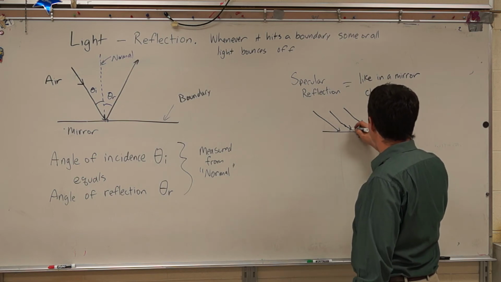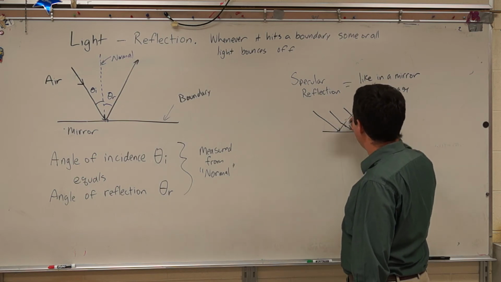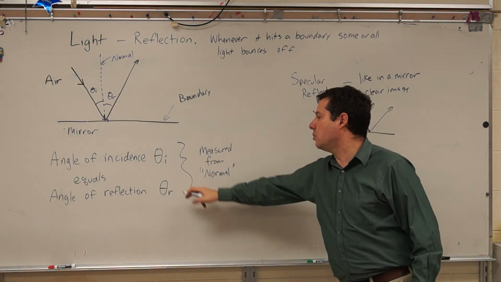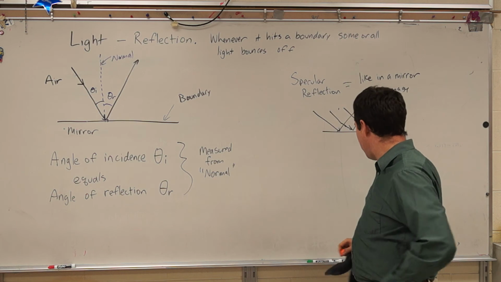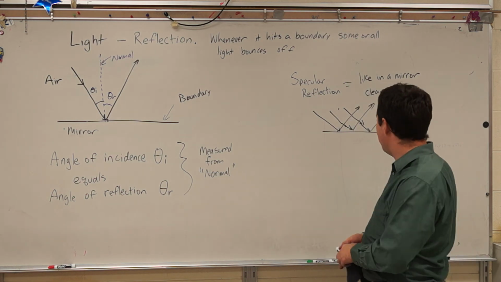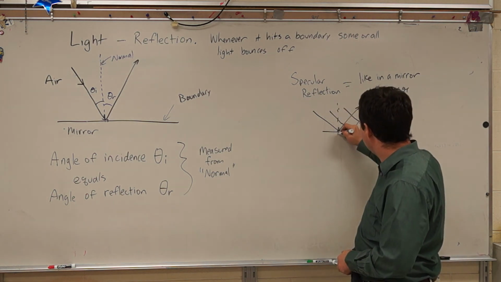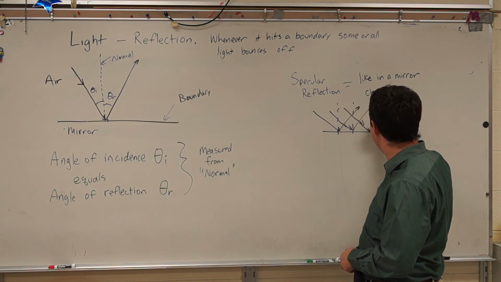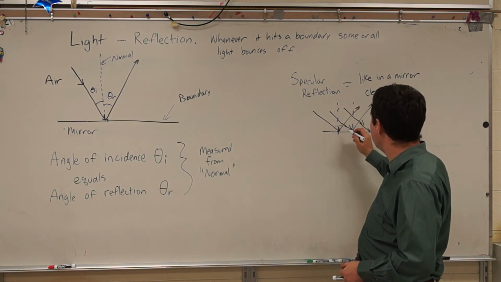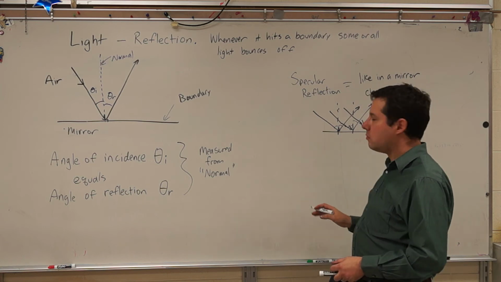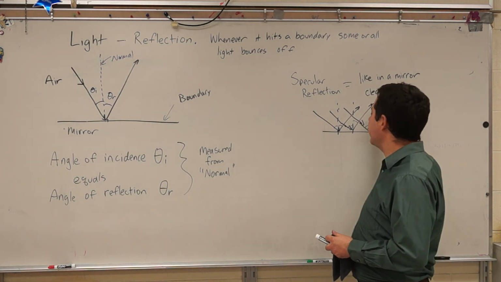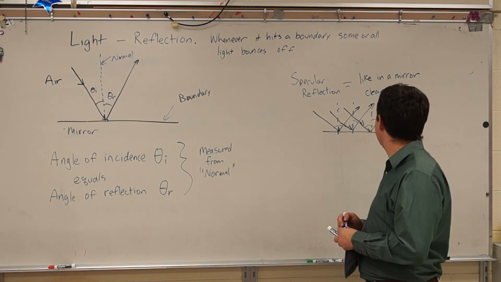They're all going to bounce off like that. So for all these, the angle of incidence equals the angle of reflection. You could draw a separate normal line for each of those, and for all of them, the incidence is going to equal the reflection. And that's called specular reflection. And that's going to get you a nice clear image like you're seeing in a mirror.